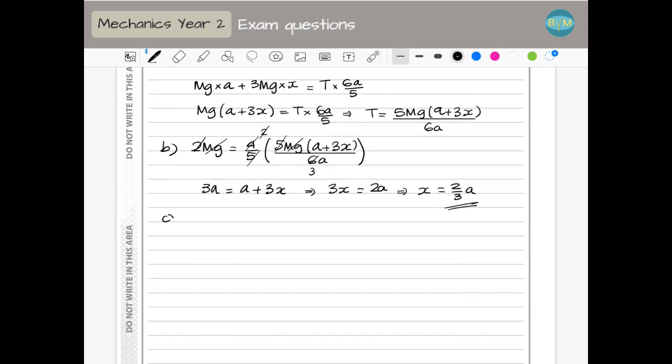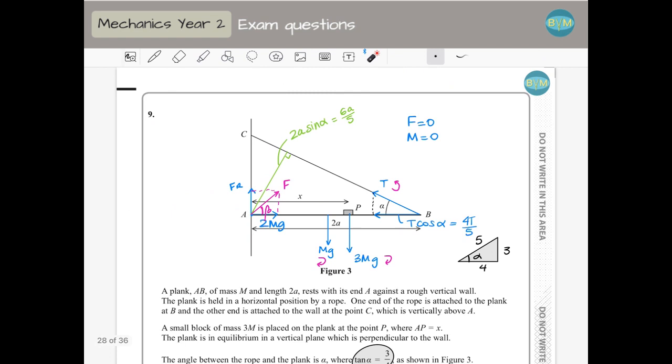So for C, this one was forces in the horizontal direction, and now I'm going to apply forces equal 0 in the vertical direction. So forces pointing up, like my friction, and the vertical component of the tension here is T sine alpha.